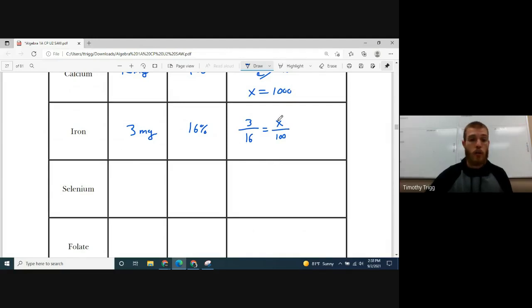Again, cross multiplying gives us that 16x equals 300. Divide both sides by 16 to get x by itself. That gives 18.75.